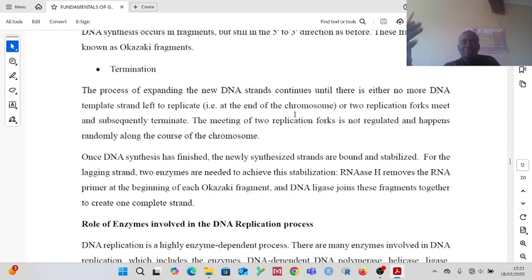Okay? But the most important is the DNA ligase, which will join the Okazaki fragments together. So once the Okazaki fragments have been joined together, then now we end up with the two strands that are both continuous. Okay? Two strands that are both continuous.